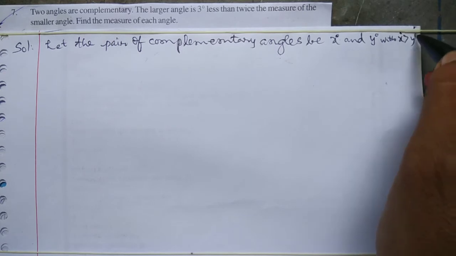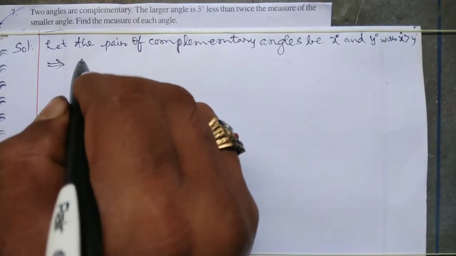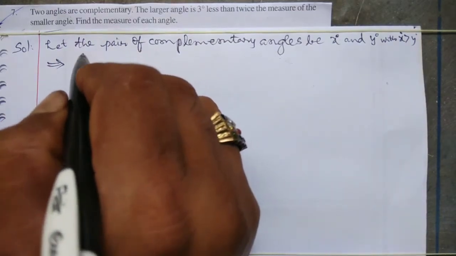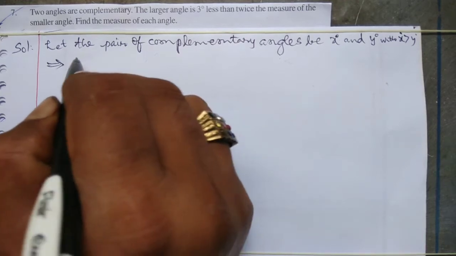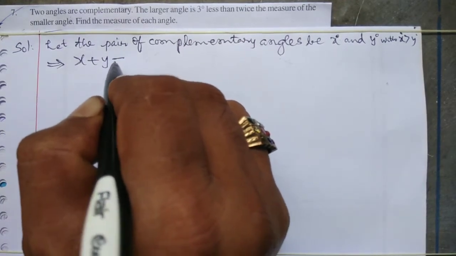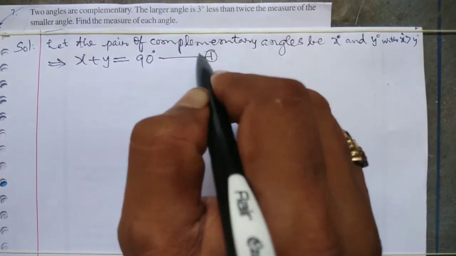Then we can write, the sum of the complementary angles is 90 degrees. x plus y is equal to 90 degrees. This is equation number 1.